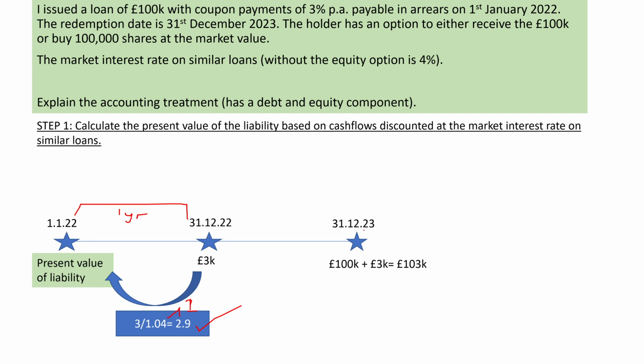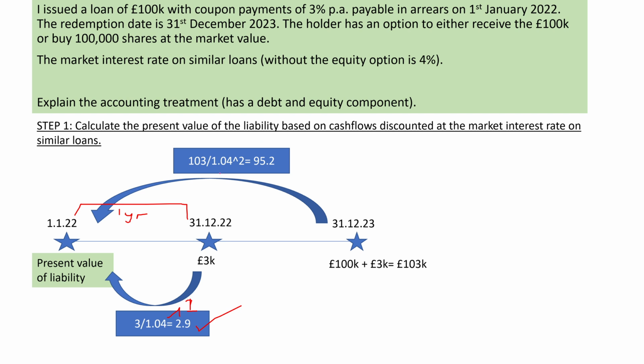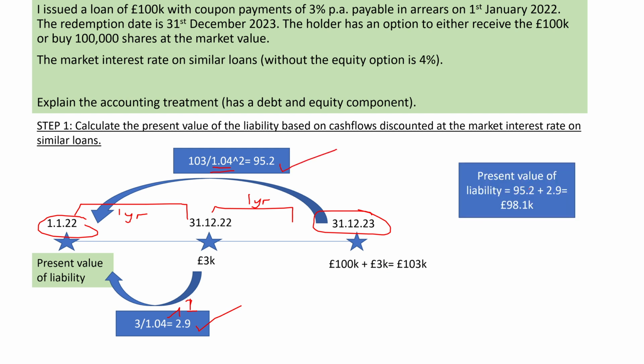What about the 31st of December 23 cash flow? Well, that's discounted at 1.04 to the power of 2 because the distance between this date and this date is 2 years, an additional year. That gives us 95.2. So the present value of the liability is the 95.2 plus the 2.9, and that gives us 98.1k. So we calculated the present value of the liability at 1st of Jan 22.